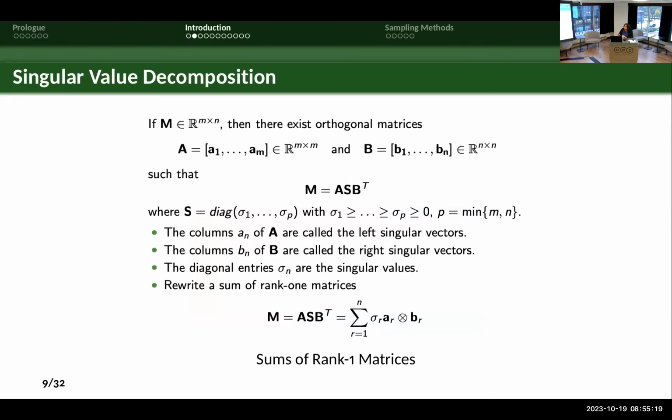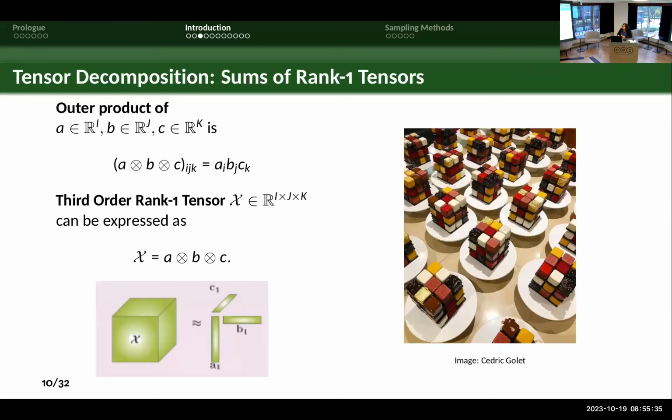Alabama. All right, so we've seen singular value decomposition from the last talk and from all the other talks yesterday. I like CP, so I think of singular value decomposition as the sum of rank 1 matrices. For tensor decomposition, the sum of rank 1 tensors is just the outer product of these vectors.